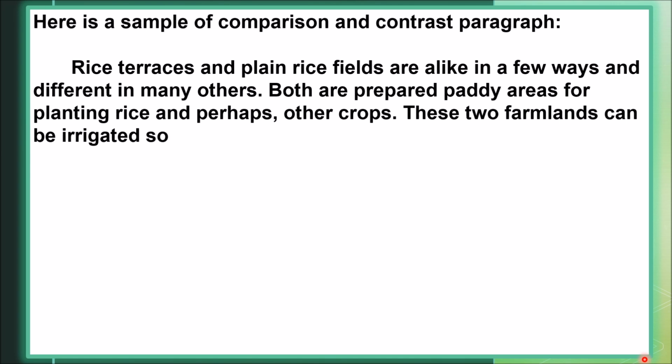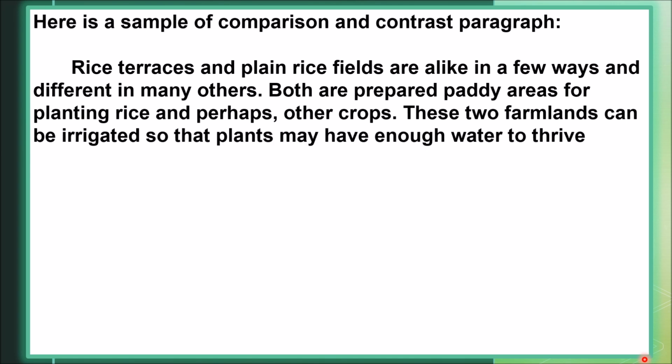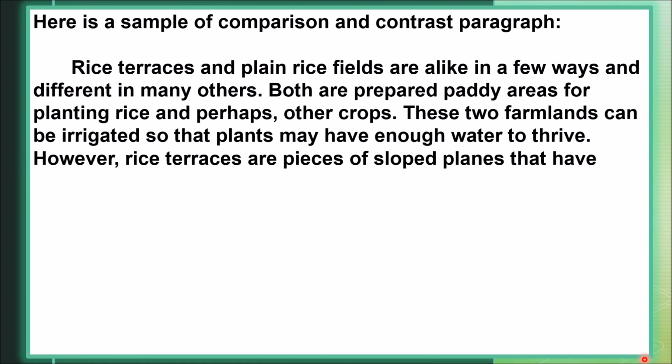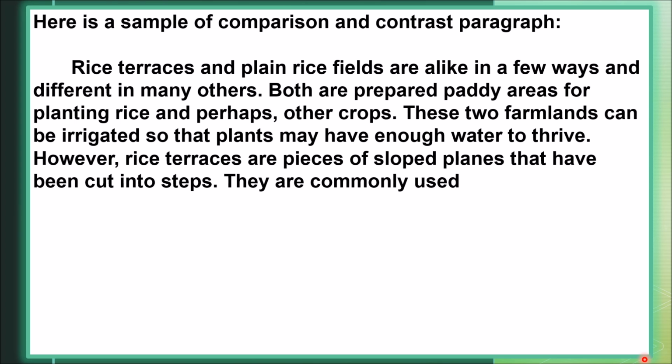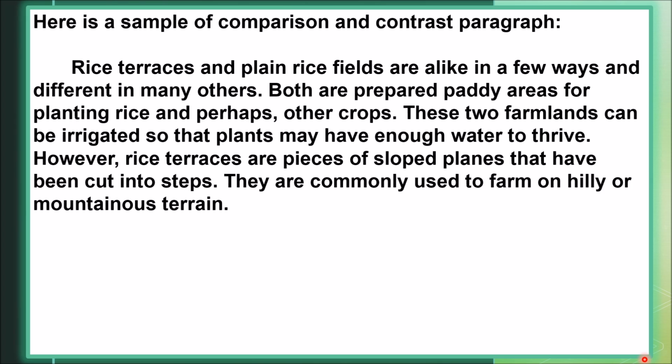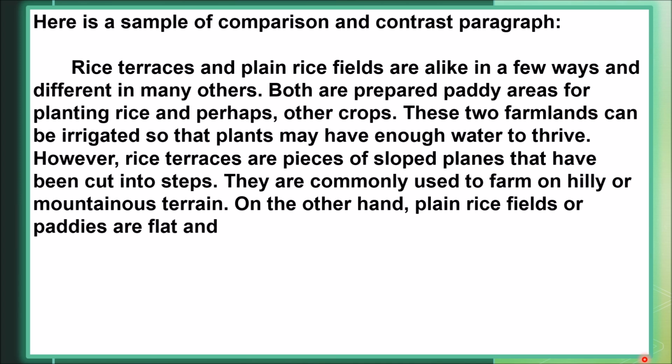Both are prepared paddy areas for planting rice and perhaps other crops. These two farmlands can be irrigated so that plants may have enough water to thrive. However, rice terraces are pieces of sloped plains that have been cut into steps. They are commonly used to farm on hilly or mountainous terrain.